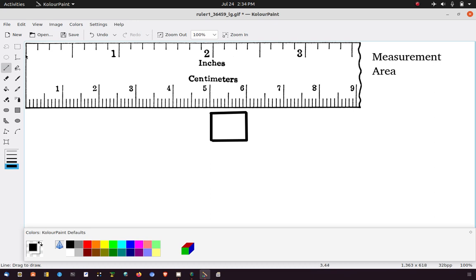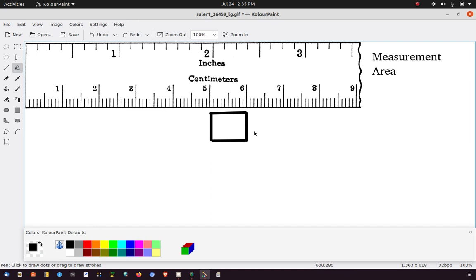And you remember, when we talk about the internal angles, we're talking about the angle right in here. If you're not yet familiar with angles, we'll talk about that at a later time. Now, this is 1 centimeter square.